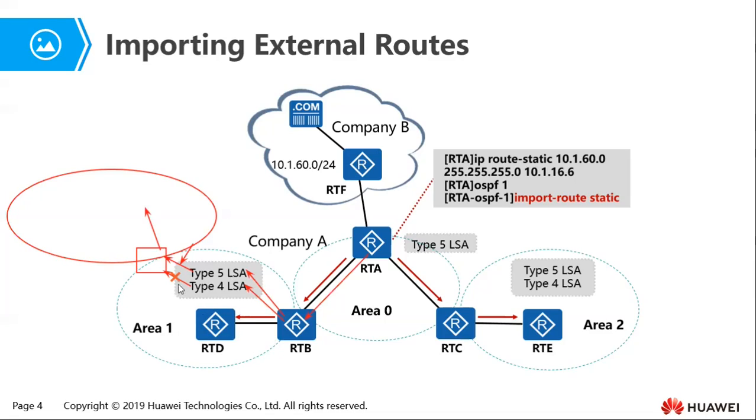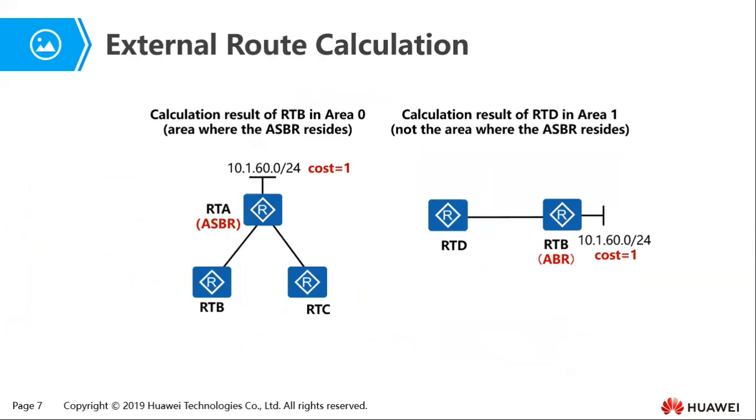It's going to create a new type 4 LSA so that it forwards the type 5 LSA here and also the new type 4 LSA. So I hope that is clear, that a type 4 LSA cannot be forwarded beyond the area from which it was created or originated. Okay.